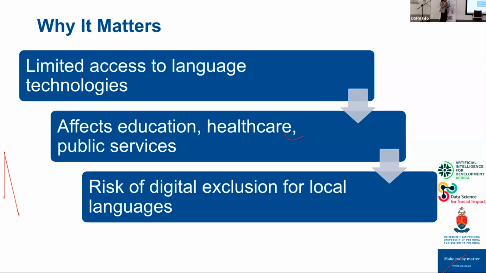Apologies. So it can enhance technology used in these sectors, making them more inclusive and accessible to diverse communities. Because if local languages are not supported, many communities risk being excluded from these technologies, as the speakers have already mentioned in the previous collaboration.